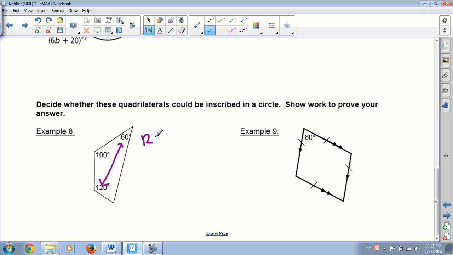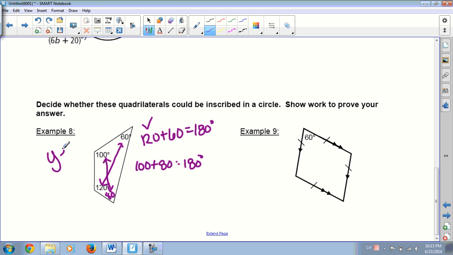Well, we added 120 and 60 together, and that does equal 180 degrees. So that does tell us that opposite angles add together to be supplementary. And if this is 100 degrees, this one would have to be 80 degrees because there has to be a total of 360 degrees in our quadrilateral. And 100 plus 80 obviously equals 180 degrees.